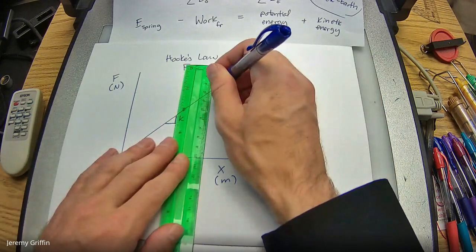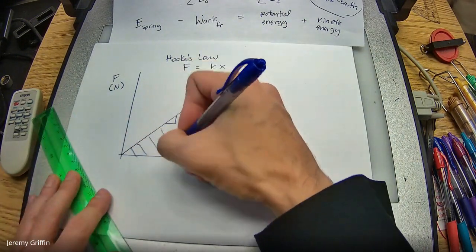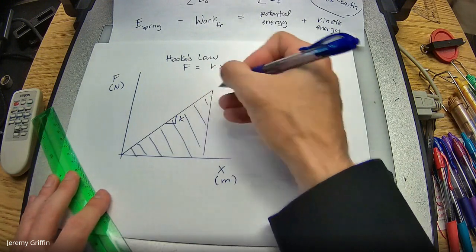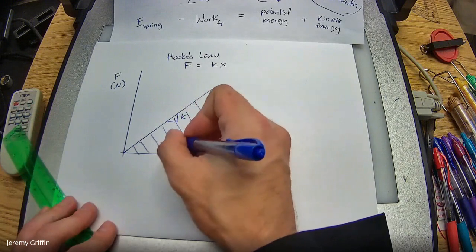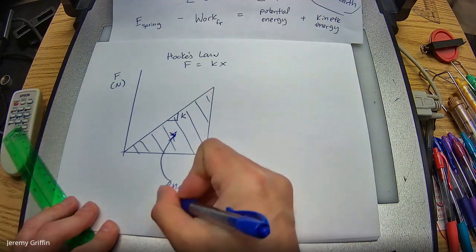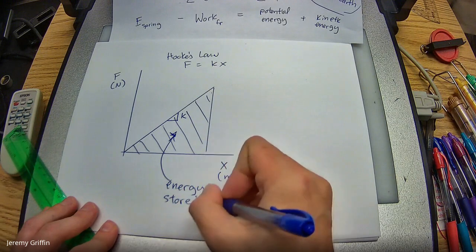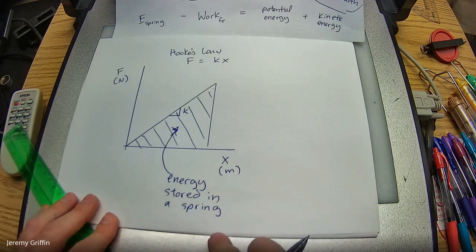I'll go ahead and tell you guys what the end result of this is going to be. If you look at the area under F versus x, that triangle, this area represents the energy stored in the spring, because the units are consistent with that.